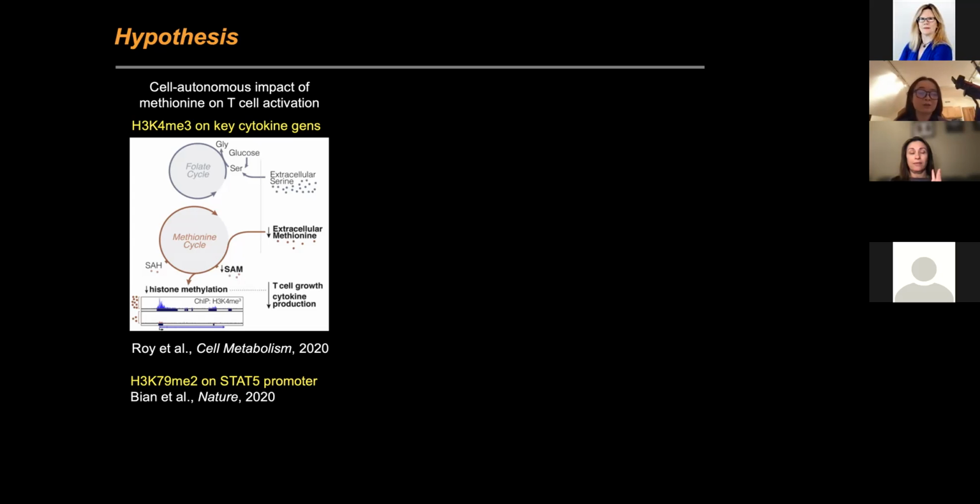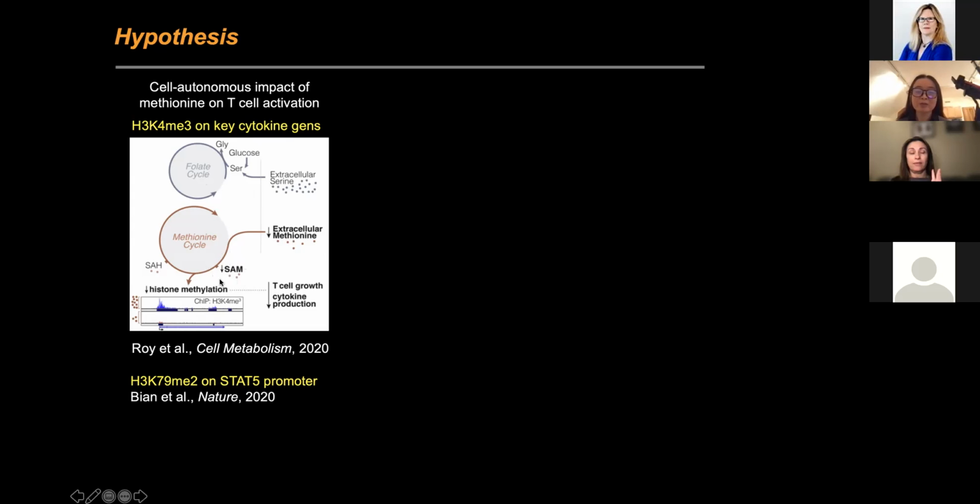This actually is not a really novel question, because a number of studies have shown that methionine has a cell autonomous impact on T cell activation, as I just showed you. One of the most popular mechanisms is that methionine restriction can reduce the cellular level of SAM, which is a major cellular methyl donor.